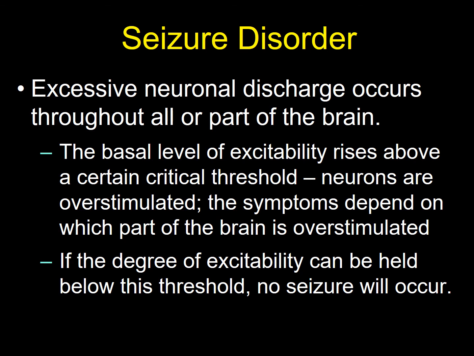It's just inappropriate excitation. Remember how we were talking about excitation and inhibition? Well, in seizure disorder, something has gone wrong and there is too much excitation in either all or part of the brain. For that reason, we know that seizure drugs are virtually always about suppressing excitation or increasing inhibition.